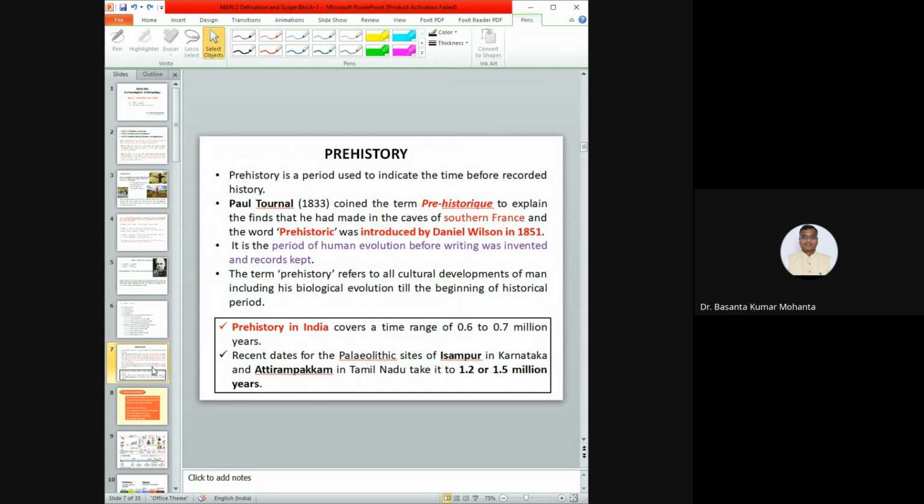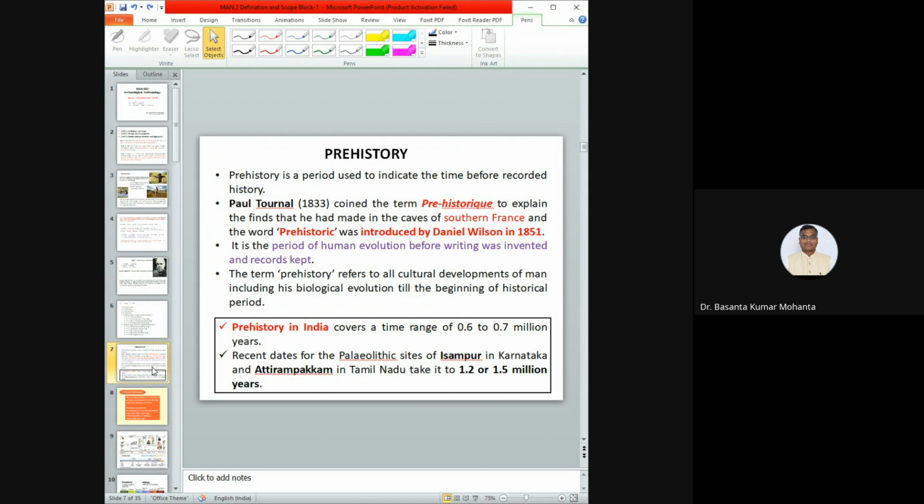And the English word prehistoric was for the first time introduced by Daniel Wilson in 1851, almost 20 years after Paul Tournal coined this particular term.